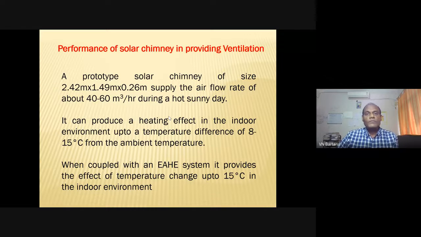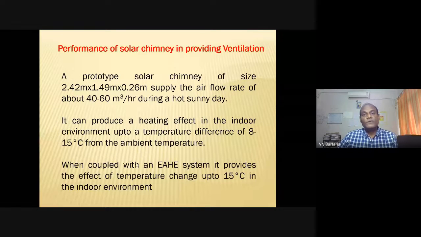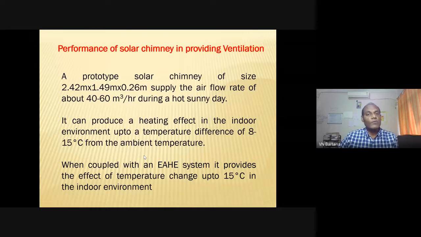So we see the results of the solar chimney, as many researchers have worked upon its performance. I have also worked upon the solar chimney along with my research scholars, at PhD level and at MTech level, and we have also worked experimentally over the solar chimney, and we have obtained good results.